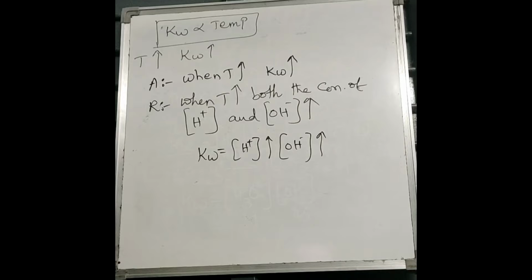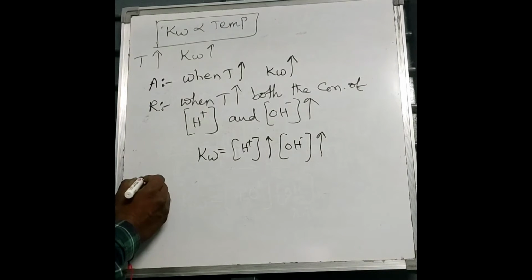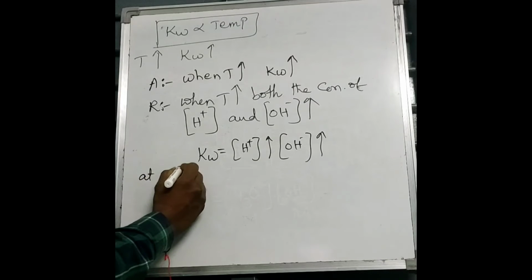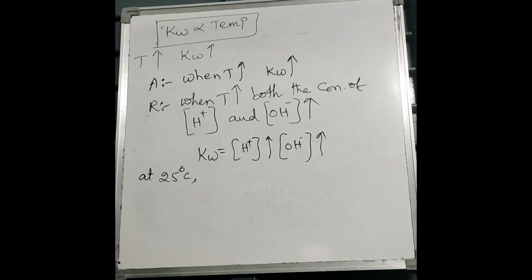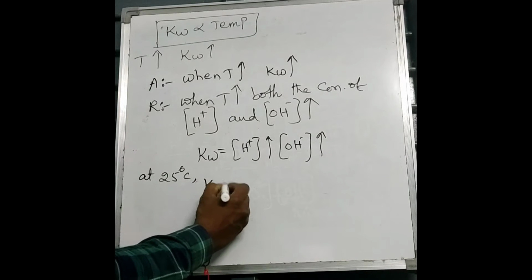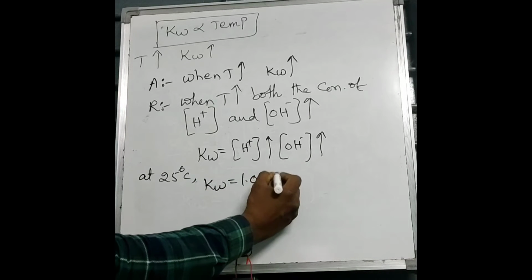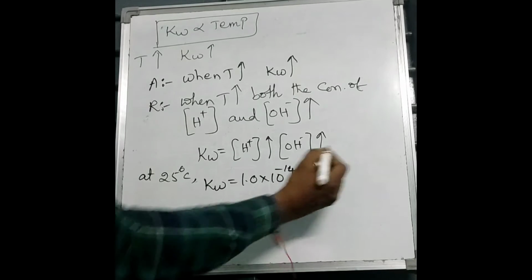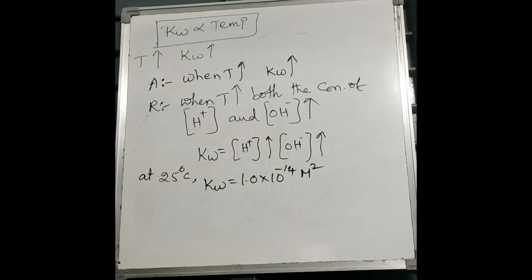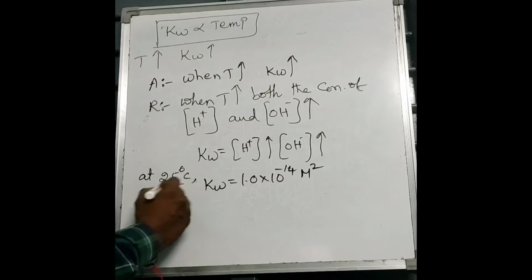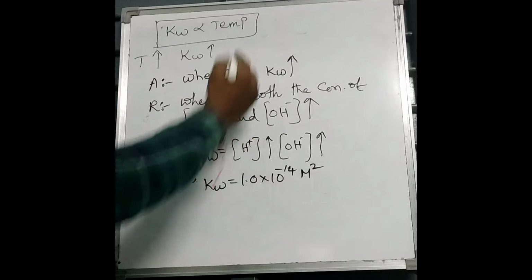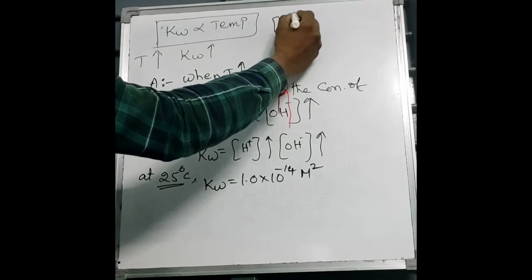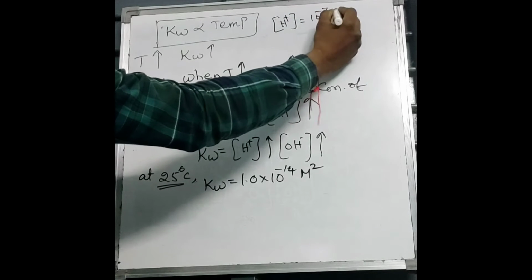For example, at 25 degrees centigrade, room temperature, Kw value can be calculated as 1 into 10 power minus 14 moles square per liter square or molar square. At 25 degrees centigrade, the concentration of H plus ions is 10 power minus 7 moles per liter.